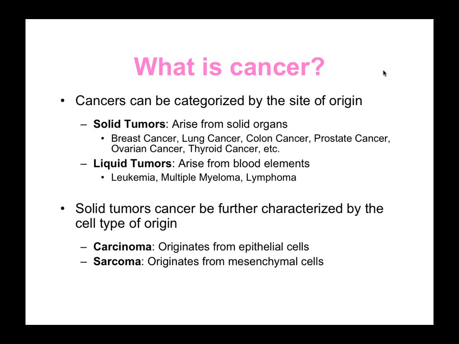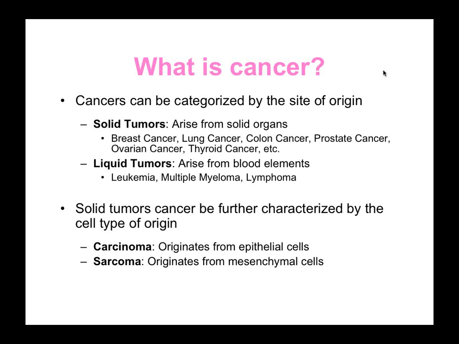If you look at the solid tumors, we can further describe them as either carcinomas or sarcomas. Looking at all of human cancer, the overwhelming majority are solid tumors, and they are carcinomas. These are tumors that arise from epithelial cells in the body.